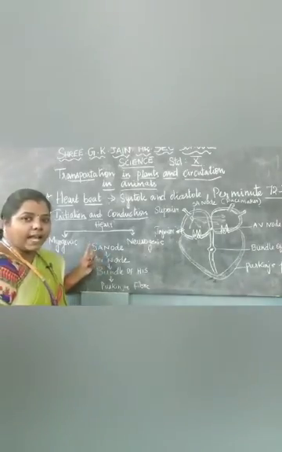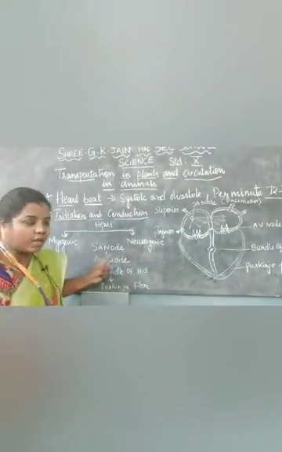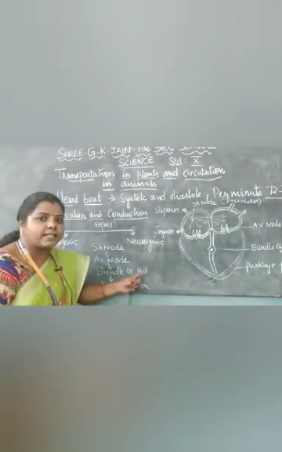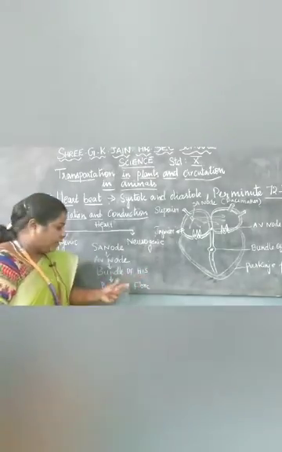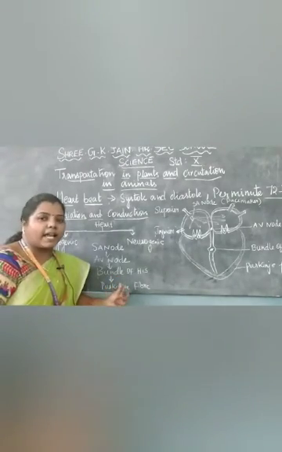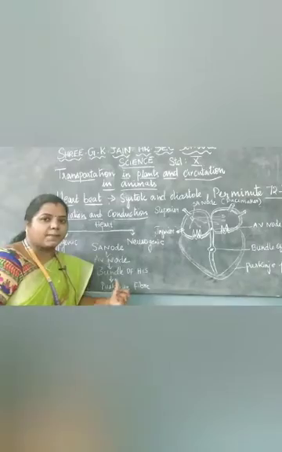SA node is the sinoatrial node, AV node is the atrioventricular node, and the bundle of His was discovered by a scientist named His. That is why it is called the bundle of His. Then the Purkinje fiber was discovered by a scientist named Purkinje. That is why those fibers are called Purkinje fibers.